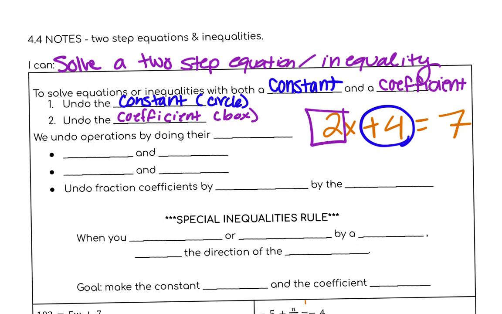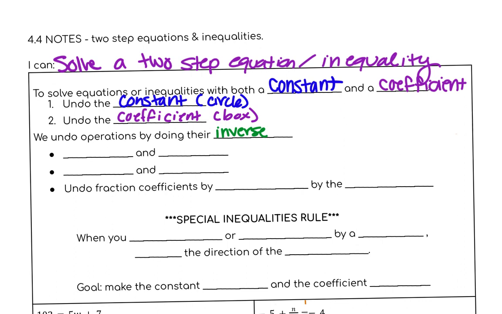Okay, and we undo operations by doing their inverse or their opposite. So if you need to put that means opposite, you go right ahead. So inverse operations are adding and subtracting are inverses with each other.